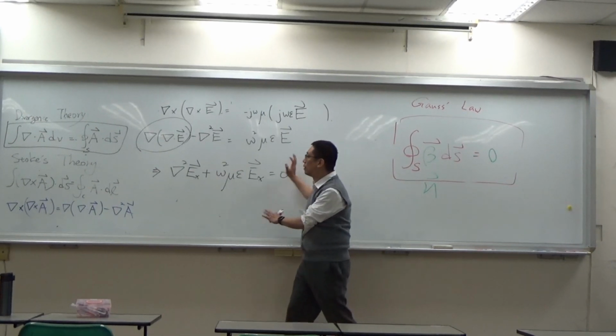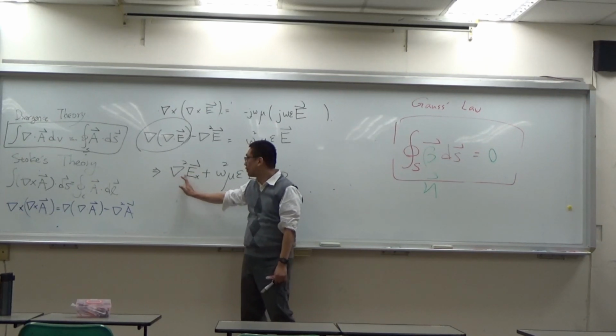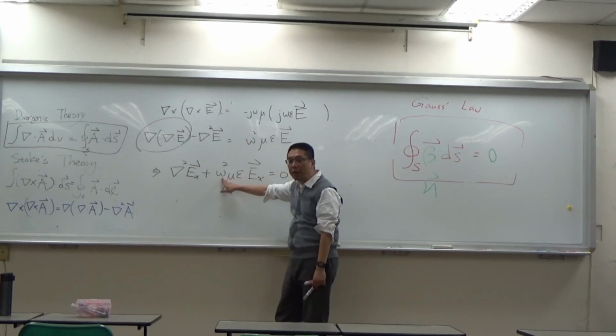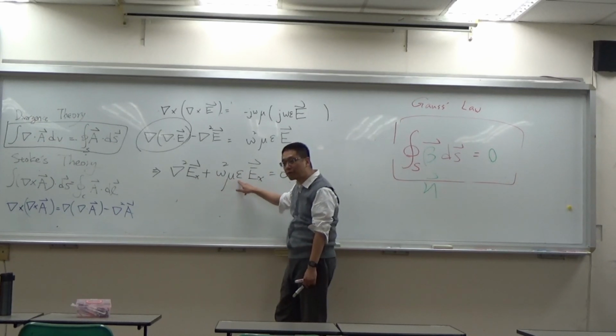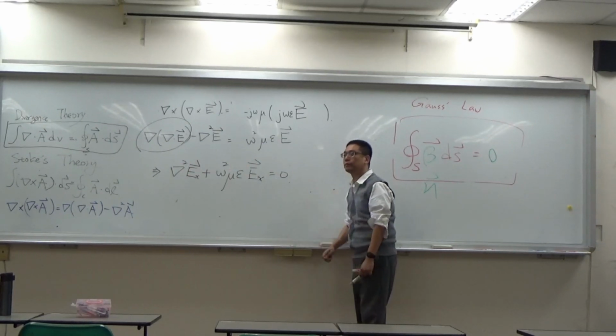You have the Laplace operator, you have omega square multiplied by mu epsilon and multiplied by your electric field again. Your E field must obey this form.